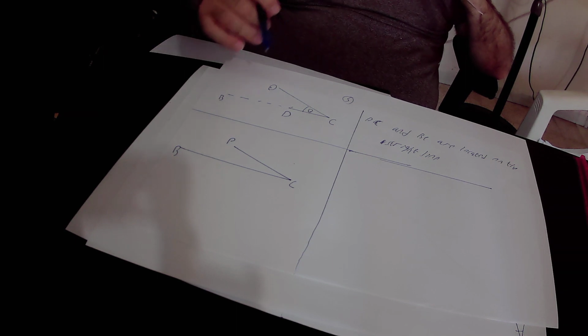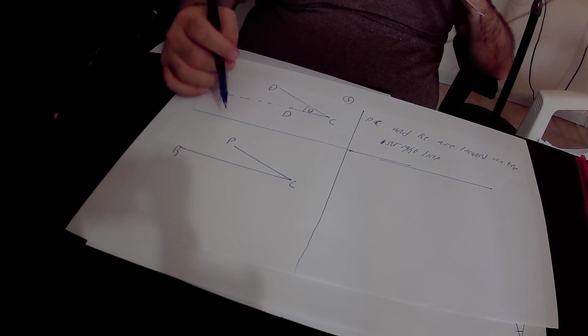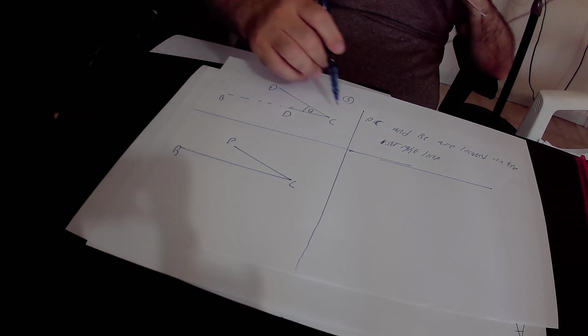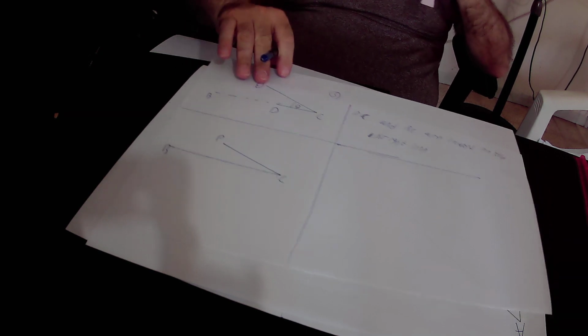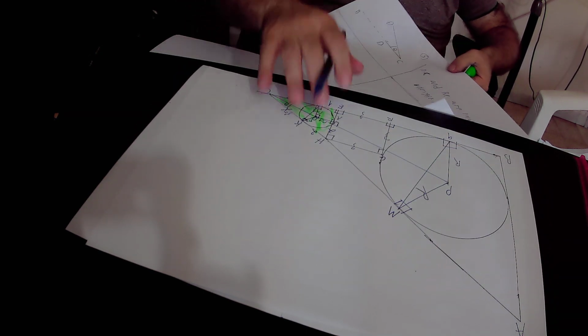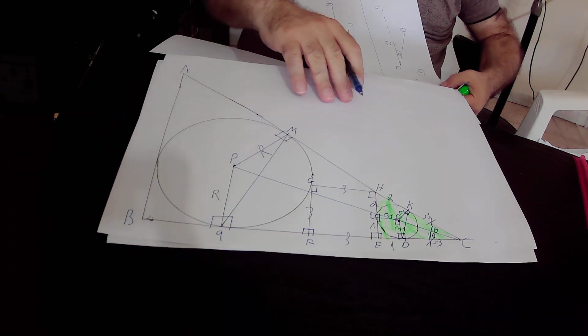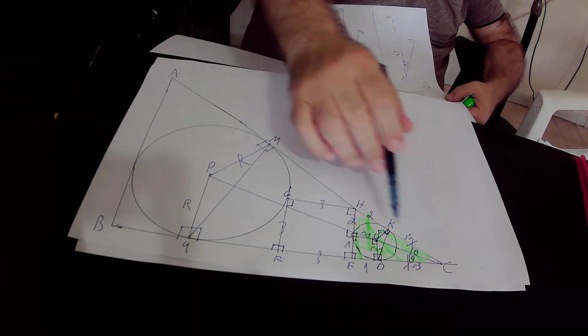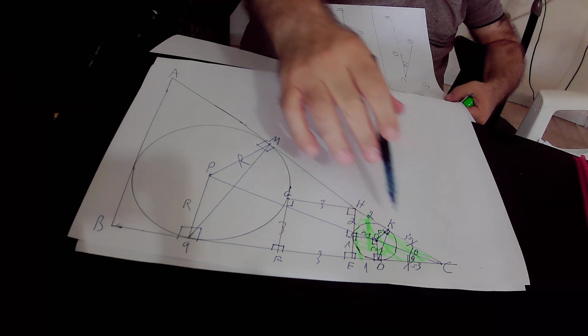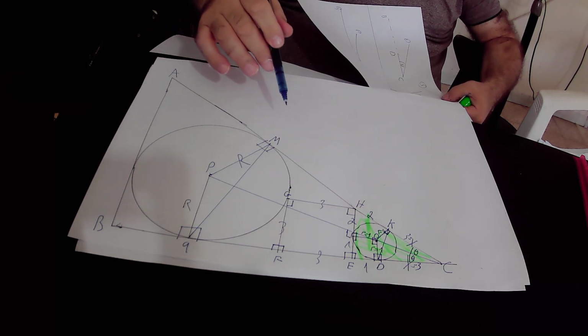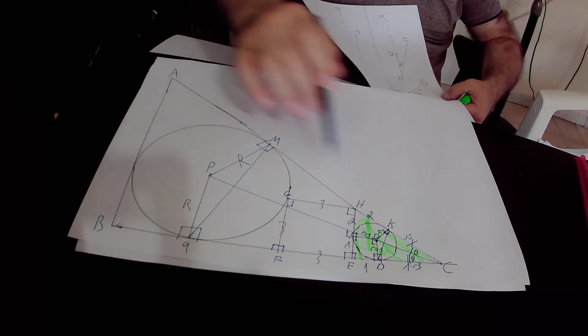And what about the second leg? Leg OC and leg PC. Here we have leg CO and leg CP, or leg OC and leg PC, it doesn't matter.